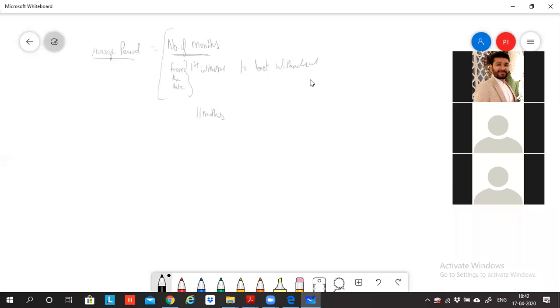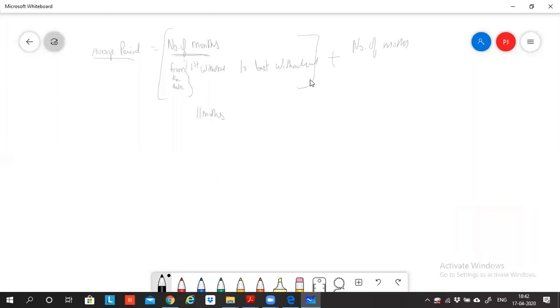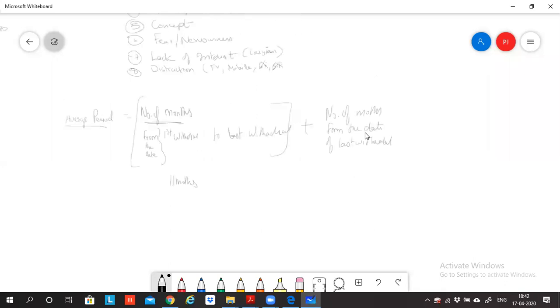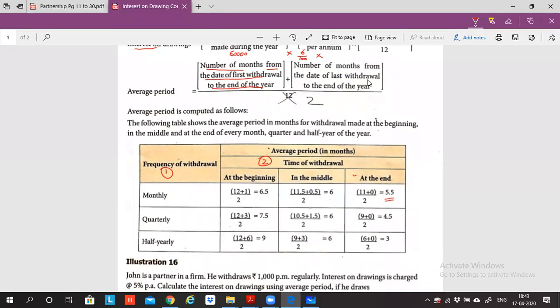Right? Further, they say that plus the number of months from the date of last withdrawal to the end of the year.